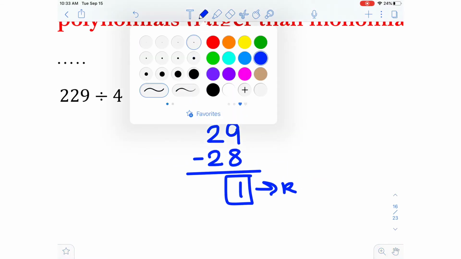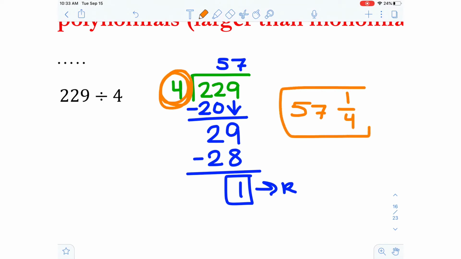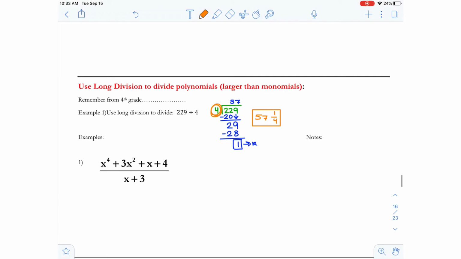So in 4th grade, I think a lot of you guys wrote like 57 remainder 1, but what I want you guys to write is 57, and we take the remainder and we put it over the divisor. We put it over the number we divided by. So actually 57 1/4 is the correct answer. Pretty crazy. That is how we do long division.